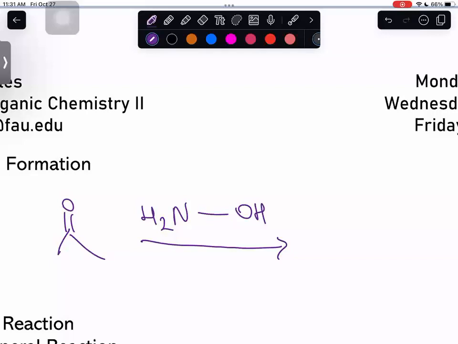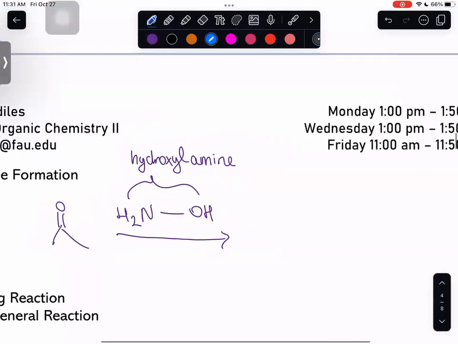I'm going to guess hydrazone. Pretty good guess, actually. The actual name is going to be hydroxylamine. Okay, now, same process.